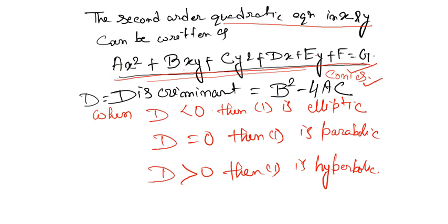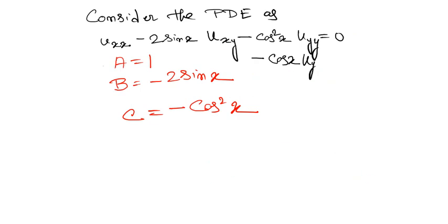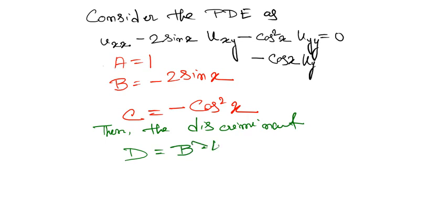So as you can see here, b square minus 4ac is the discriminant. Let us find this. Then the discriminant D, as we all know, is nothing but equal to b square minus 4ac.